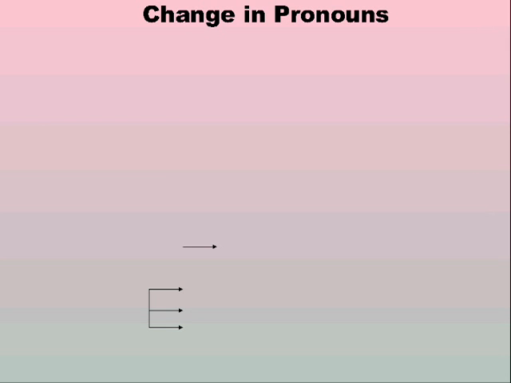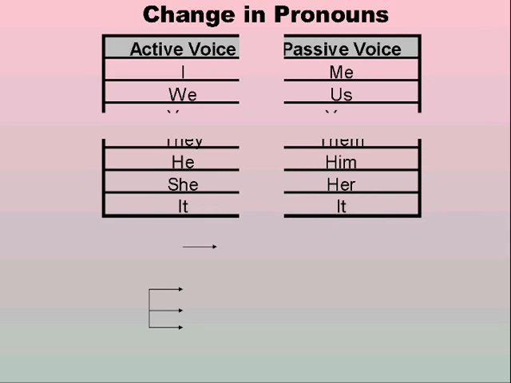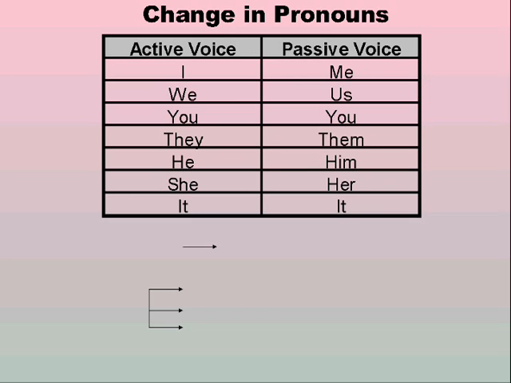The changes in pronouns which take place when a sentence is changed from active voice to passive voice. We all know the pronouns are I, we, you, they, he, she, it. So how these personal pronouns are changed, I'll just give you a simple chart for it. This is the chart.